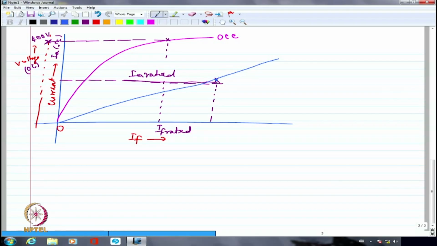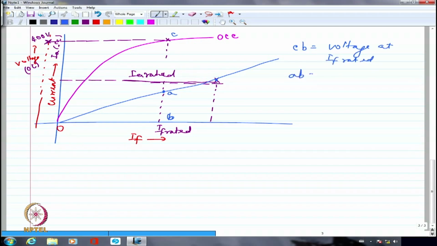Okay? So I am going to have now, because I have drawn it like this, I can always get what is the IA value at IF rated. Let me call this as some AB. Let me call this voltage as CB. So CB is the voltage at IF rated.